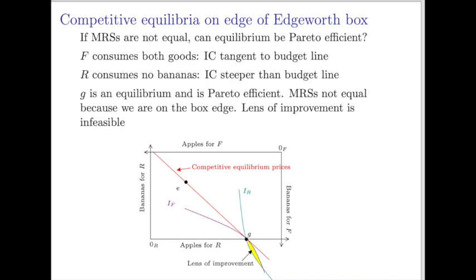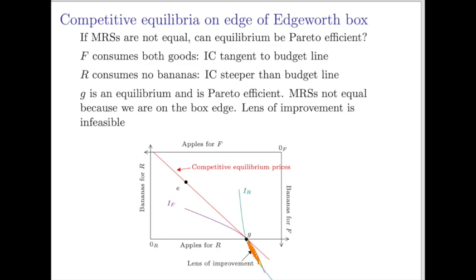Rob's indifference curve, on the other hand, remember he's only consuming apples. So as we see in this picture, his indifference curve is steeper than the budget line. So since there is an area where we can make both of them better off, that has to be outside the Edgeworth box.